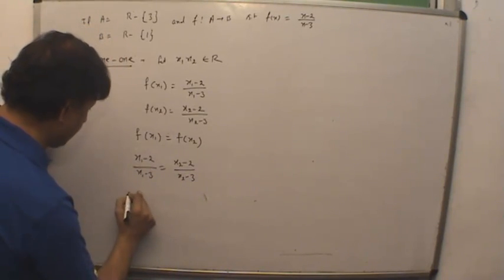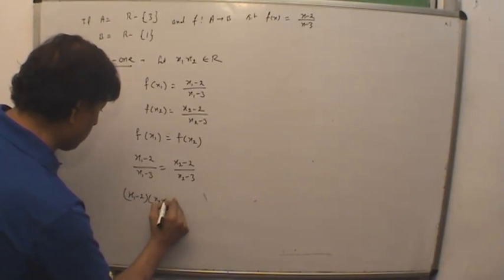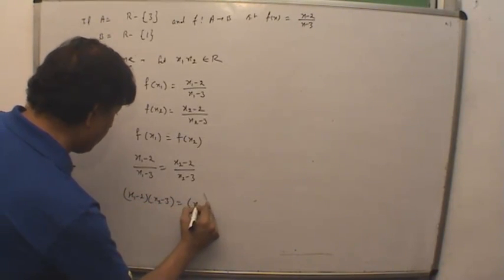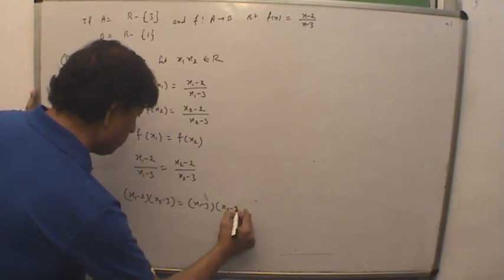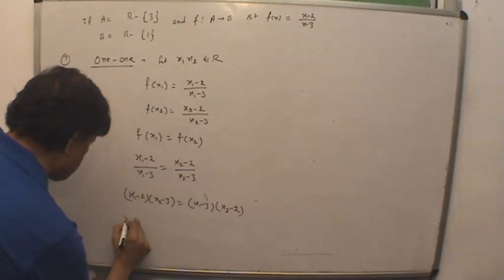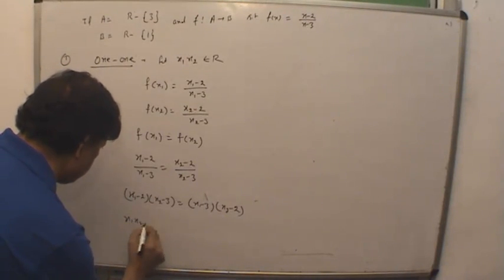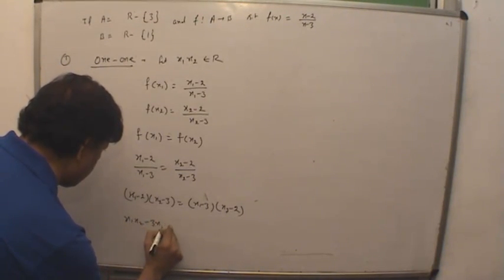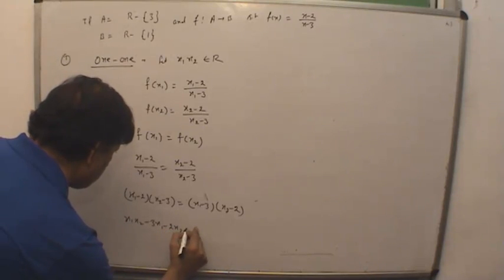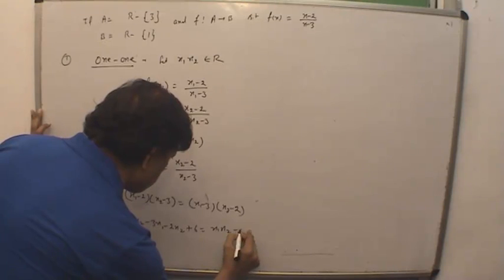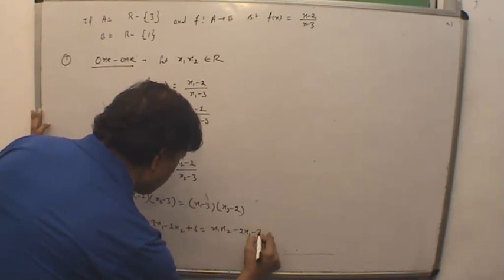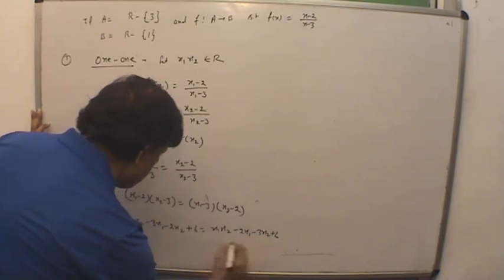Cross multiplying, x1 minus 2 into x2 minus 3 is equal to x1 minus 3 into x2 minus 2. If we expand it, x1x2 minus 3x1 minus 2x2 plus 6 is equal to x1x2 minus 2x1 minus 3x2 plus 6.